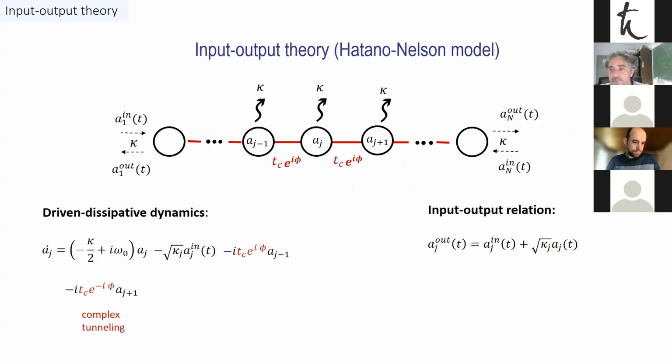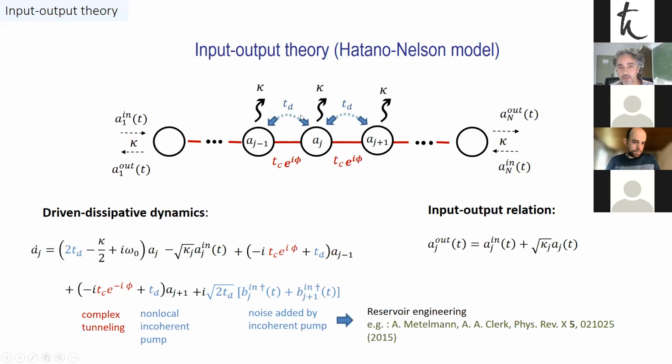So let me introduce my idea with a simple model. I'm going to consider a chain of cavities, and these cavities are going to be coupled by coherent couplings that have the form of photon tunneling couplings. And I'm going to add some collective dissipative coupling between these cavities.